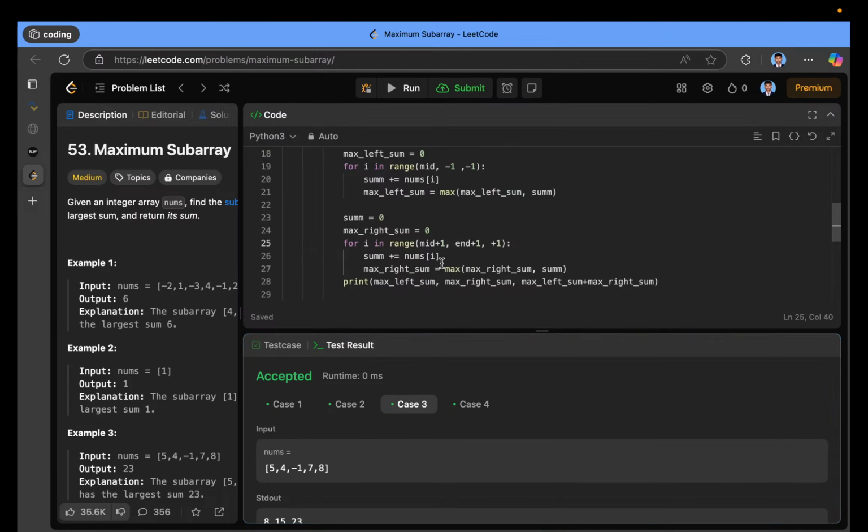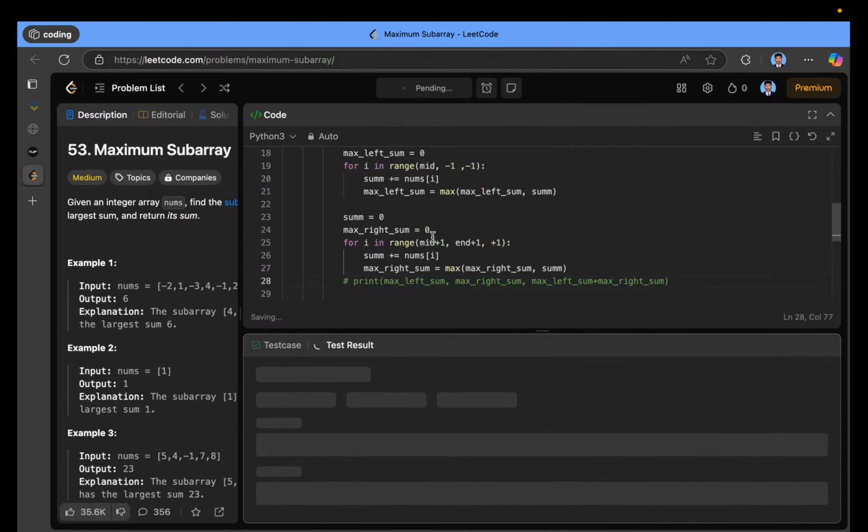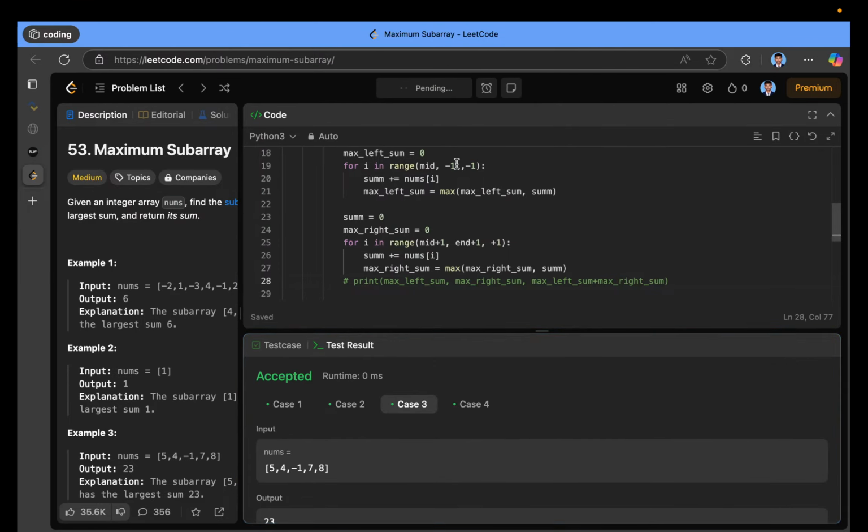Oh, I think, bro, take max left sum equal to min val. Min value, okay. Max left sum is equal to min value. I will try that, and if this doesn't work, okay. The thing that I have changed. Run. Submit.